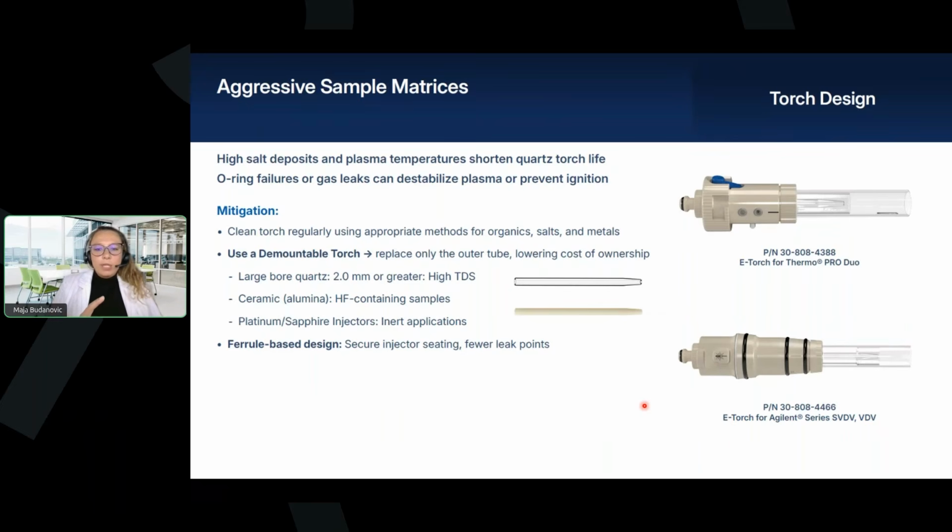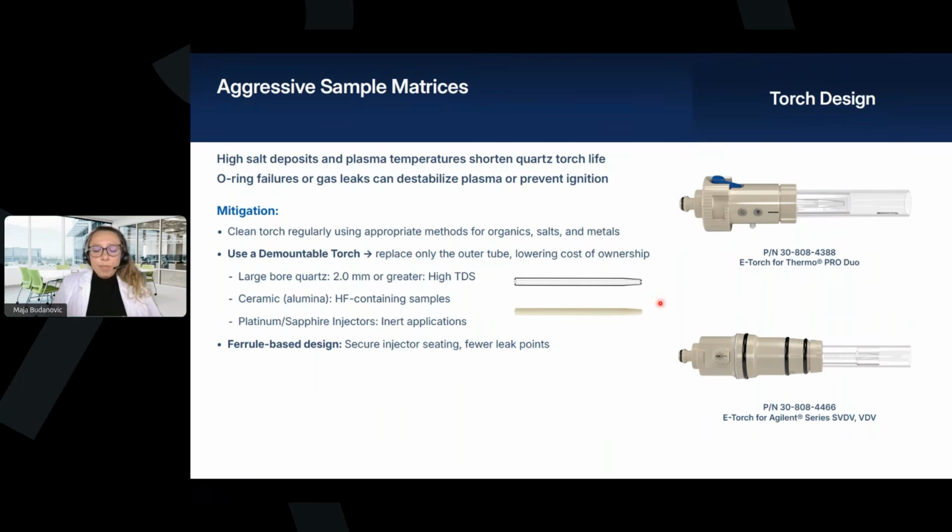And one way to manage these challenges is by using the latest demountable torch design. With this demountable torch design, instead of replacing the complete torch assembly, you can replace individual components, such as the outer tube or injector. And this helps to reduce your maintenance costs and improves the flexibility for different applications.